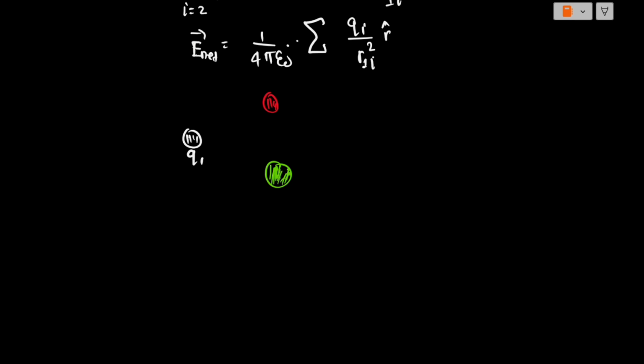So in this scenario we are dealing with the forces on the q1 charge. The distance between q1 and q2 is r12, and the distance between q1 and the q3 charge is r13. Now if q2 interacts with q3, then it actually hinders the interaction between q1 and q2 and between q1 and q3.